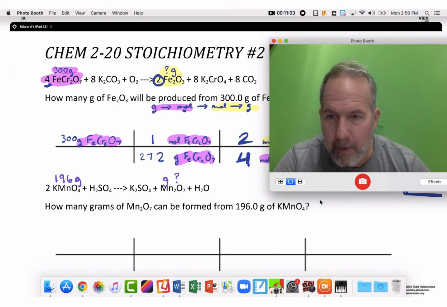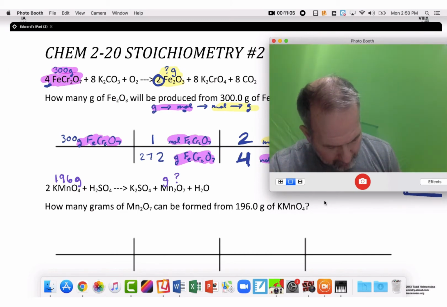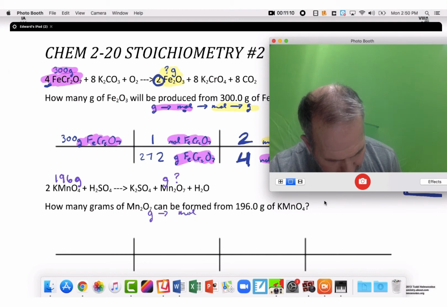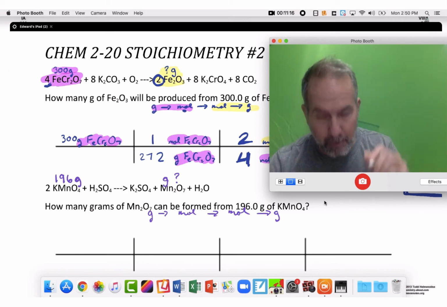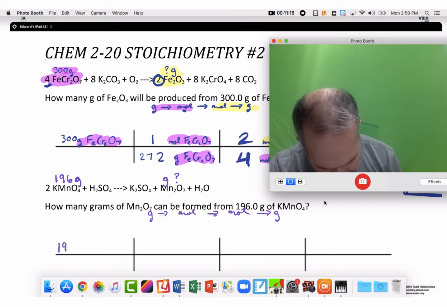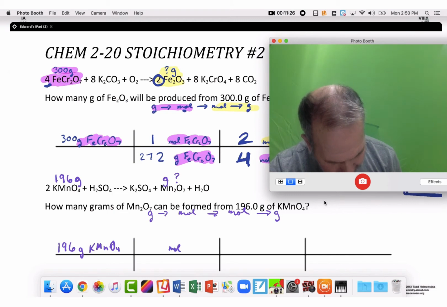Okay, so start off, remember it's grams to moles to grams every time. The first two are the givens. So we're going to start off with the number 196 grams of KMnO4, given, to moles of the given, KMnO4.